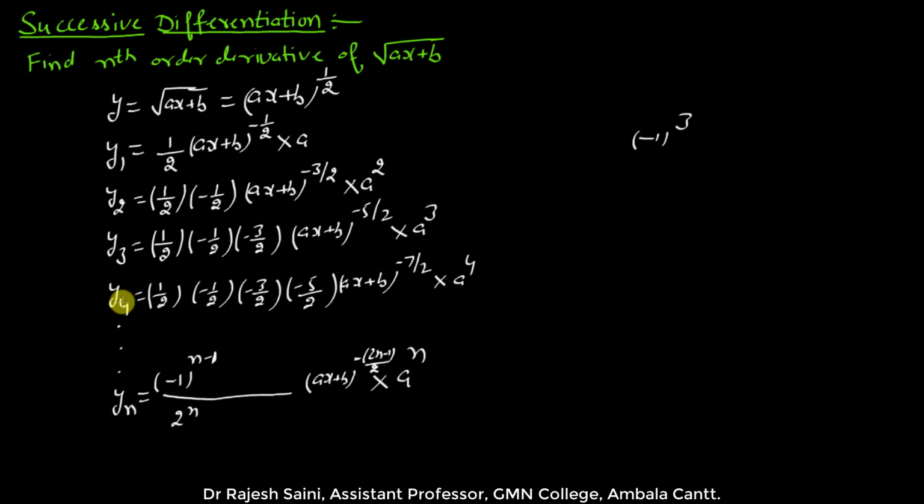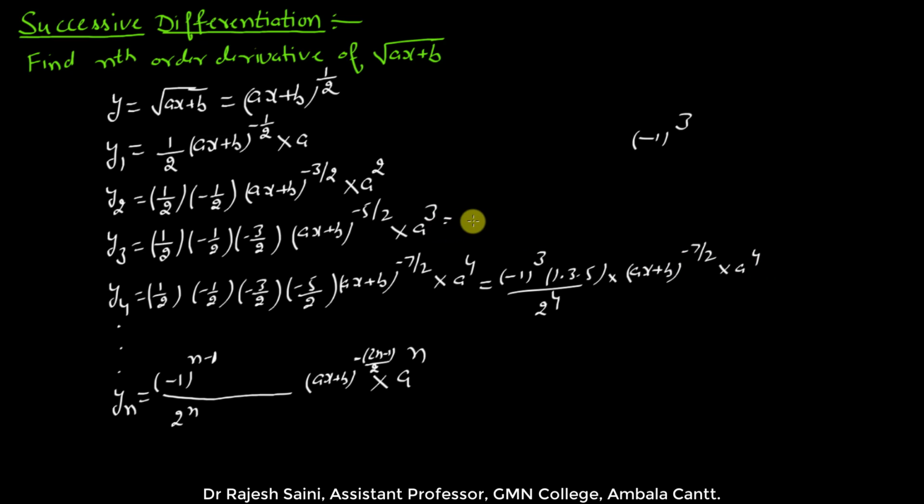And look here, when here is 4, here is 1.3.5. This can be written as minus 1 raised to the power 3, 1.3.5 divided by 2 raised to the power 4 into ax plus b raised to the power minus 7 by 2 into a4. Fine.